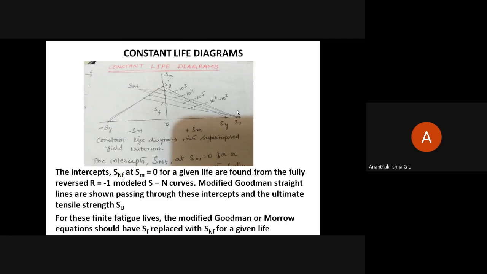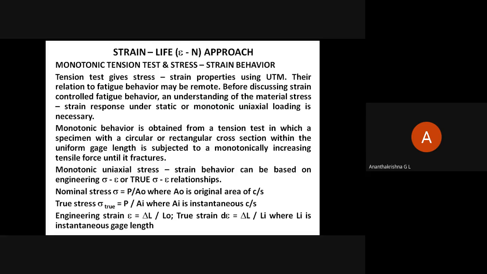These intercepts indicate this curve is for 10 power 6 number of cycles and so on. So this diagram indicates the constant life of the components.